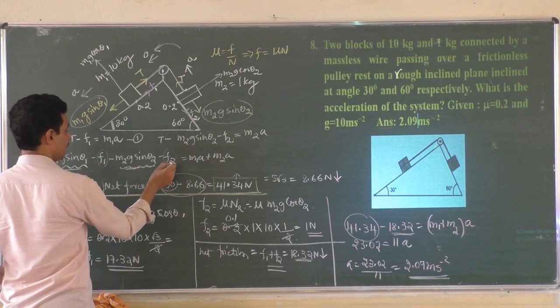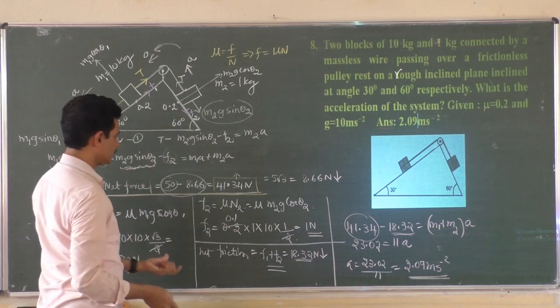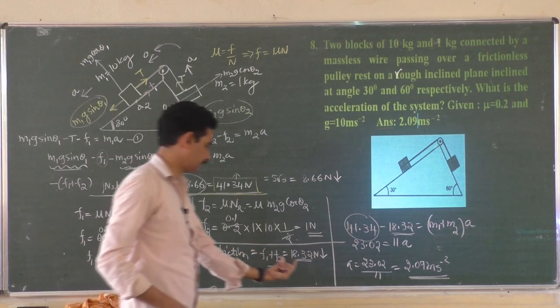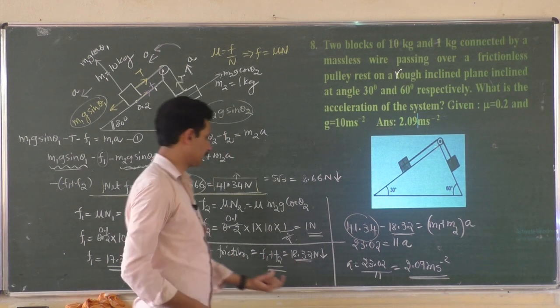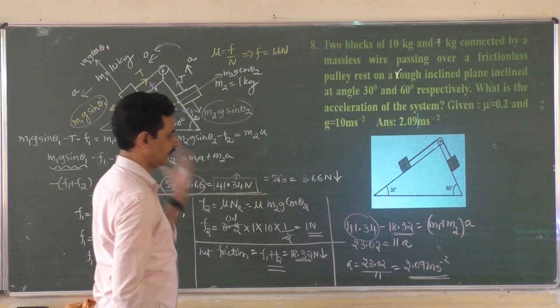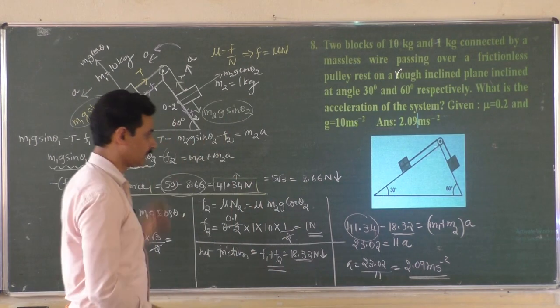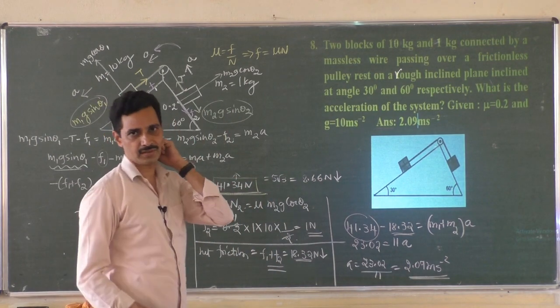Then minus of (f1 plus f2): we subtracted the frictional force fully and found that the frictional force is less. That is equal to (m1 plus m2) into A. So it is very easy; you can split it and do it. This is how we can solve it. So the acceleration is 2.09 meter per second square.